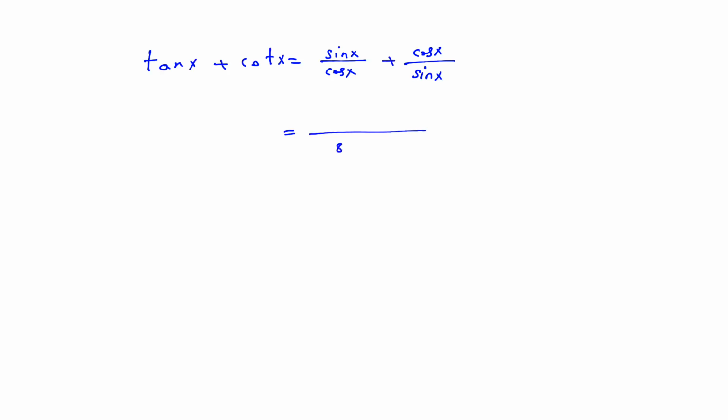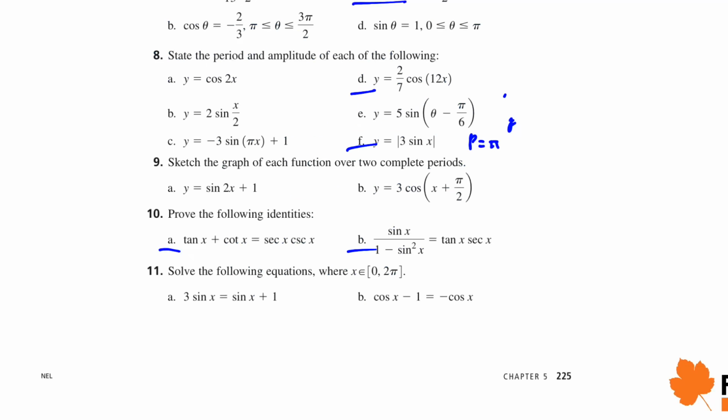If we take a common denominator, it would be sine of x times cosine of x. And the numerator would be sine squared plus cosine squared, which is 1, over sine of x cosine of x, and that is secant of x times cosecant of x.